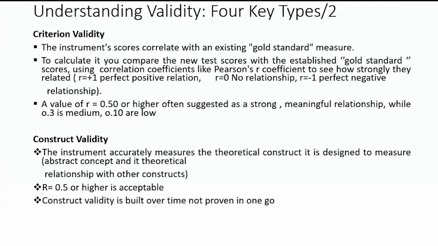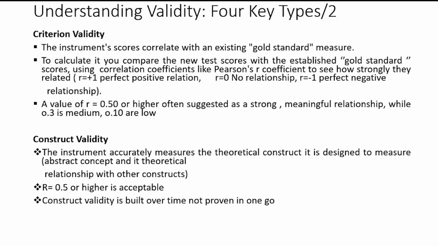Then we have construct validity. Construct validity is a bit related to content validity, even though, you understand. What we check under construct validity is we look at the instrument: does it accurately measure the theoretical construct it is designed to measure?